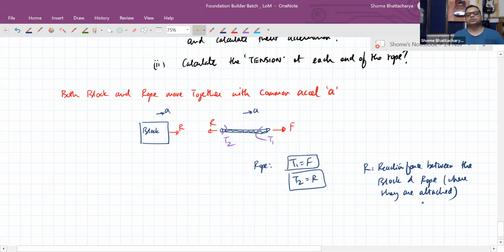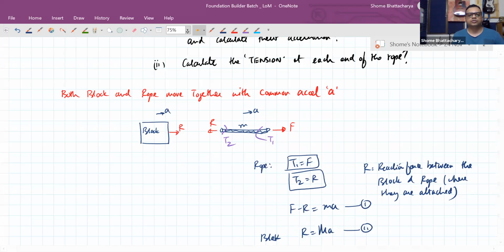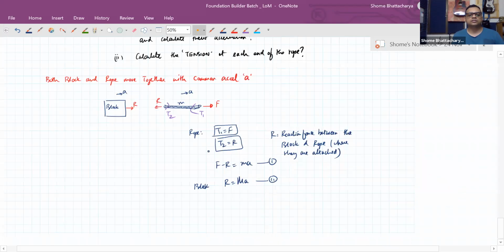Whether they are attached through a hook or they are just glued together, whatever, there's some kind of reaction force. Okay, so we have F minus R is equal to mass of the rope into acceleration. That's our first equation. Whereas for the block, we just have that reaction force. So that is capital M into A. That's our second equation.